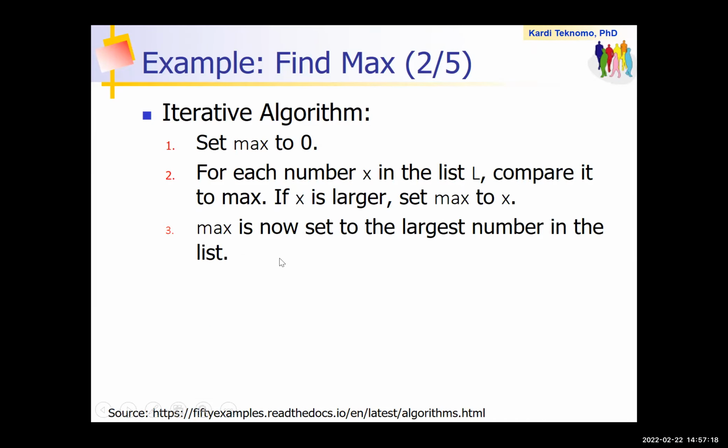The iterative algorithm is: you set max to 0, for each x in the list L compare to the max. If x is larger, set max to x. After you do all, the max is now the largest number in the list.